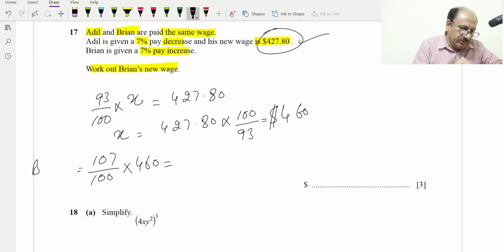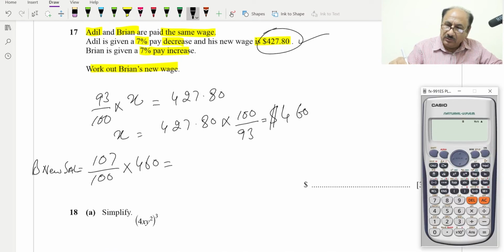So Brain's new salary will be equal to this much. We can calculate 107 over 100 multiplied by 460, and this is equal to 492.2.